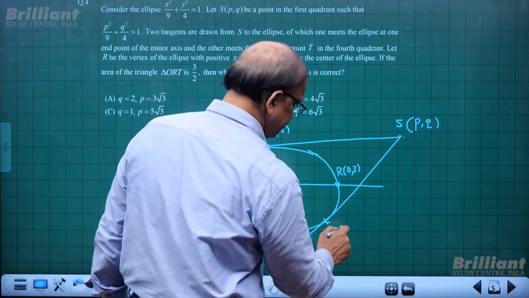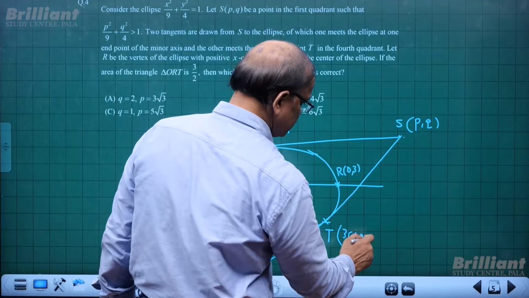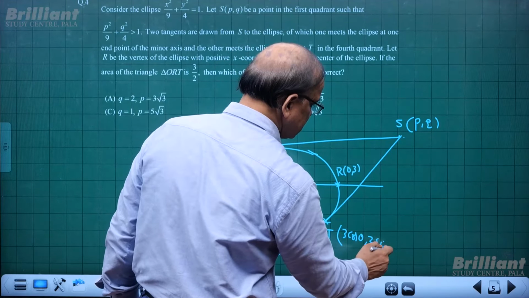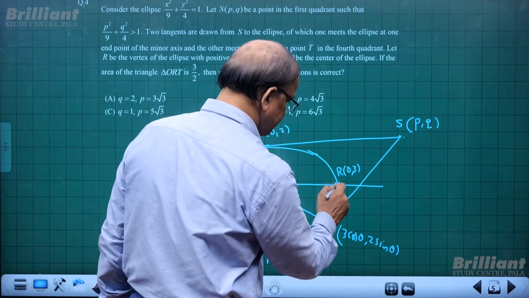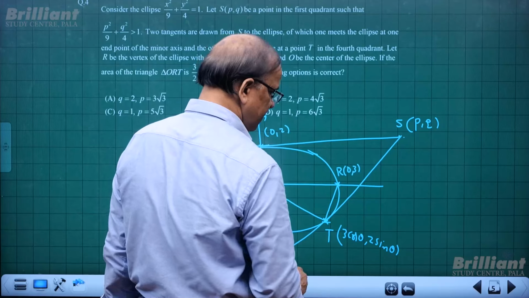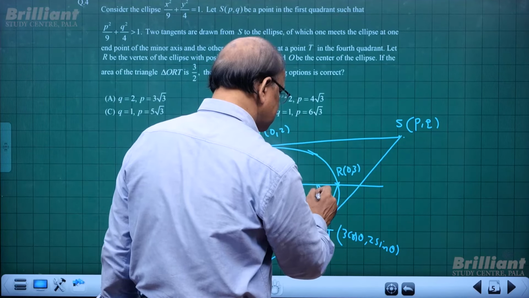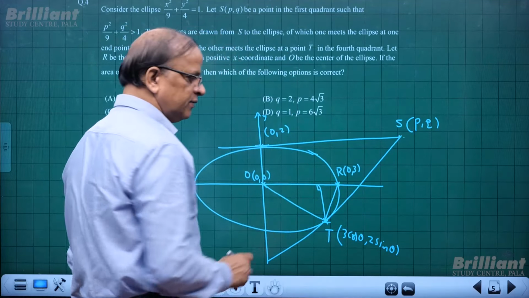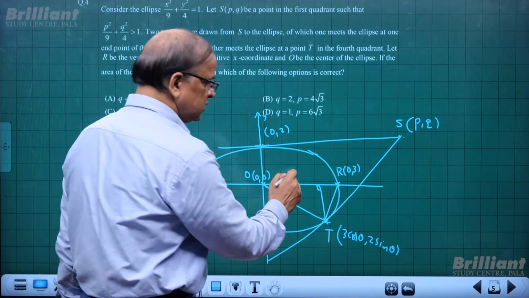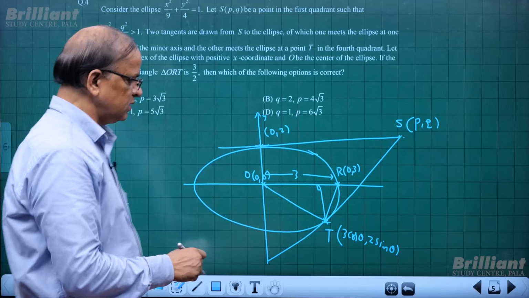So that is 3 cos theta, 2 sin theta, okay? So this is the area. We can write the height as 2 sin theta. Base is 3, right?